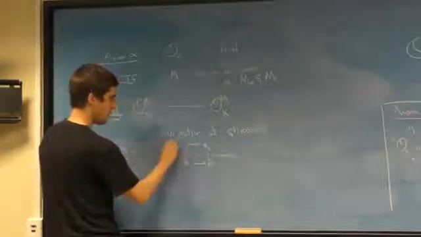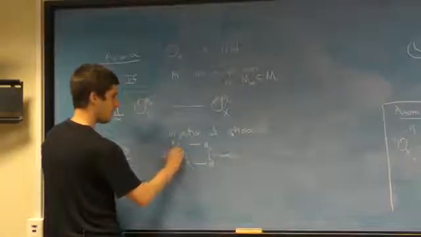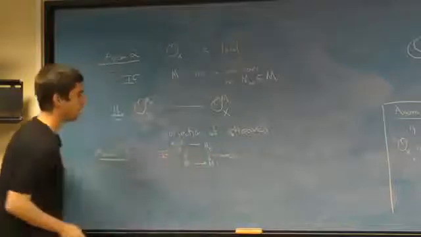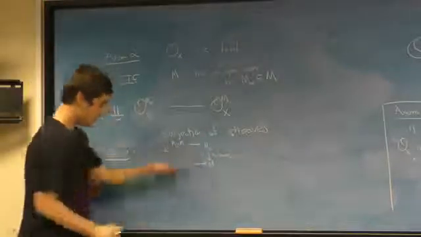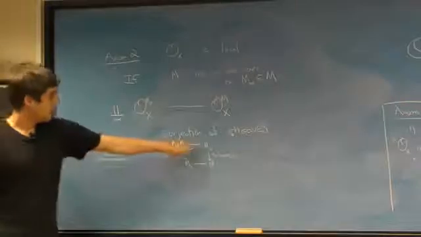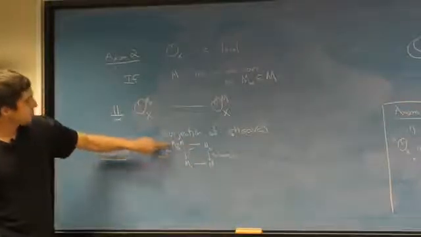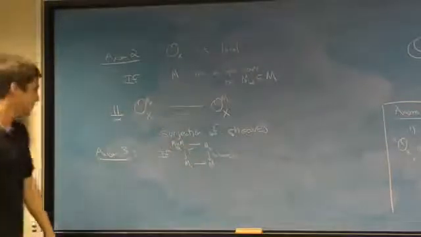So then you can form the fiber product, and this condition that the map from M0 into M is submersive guarantees that you get a smooth structure on the fiber product.